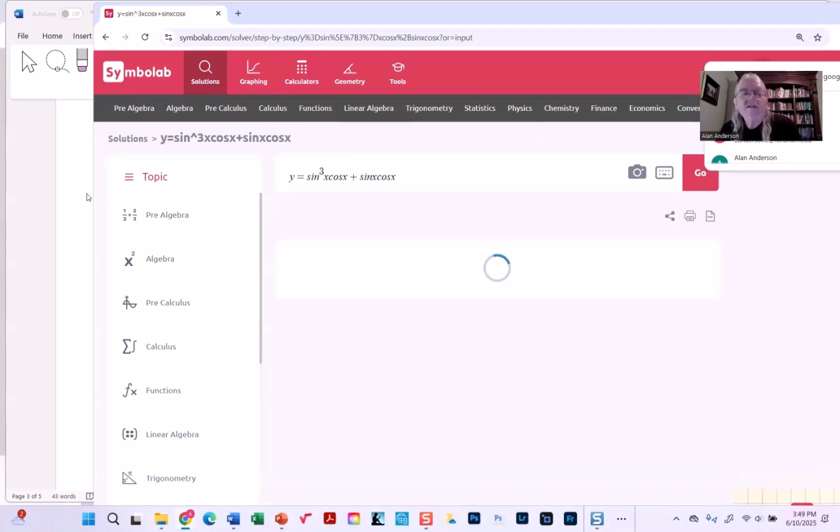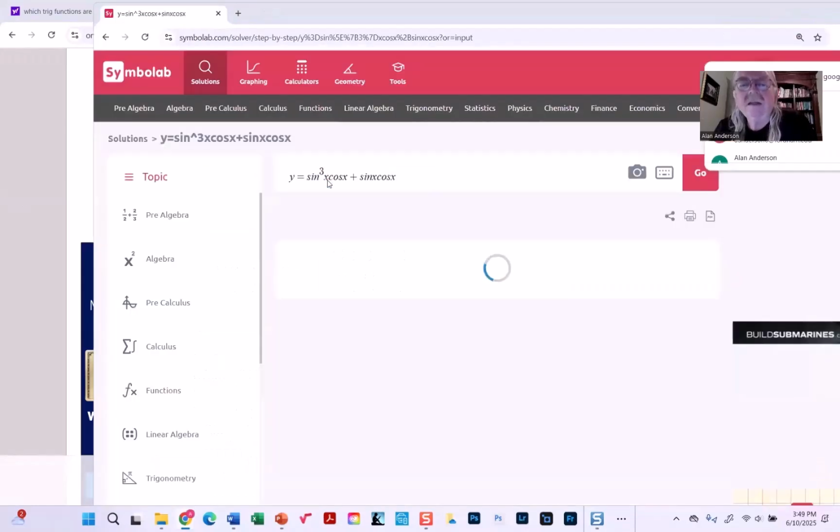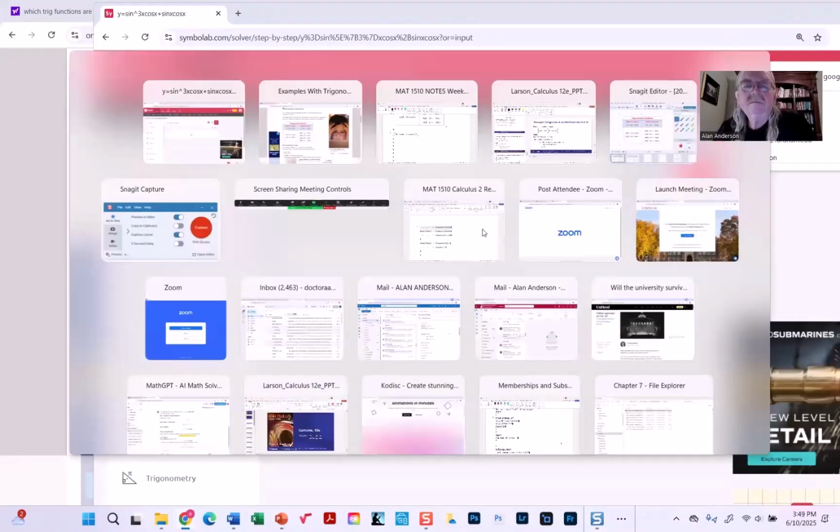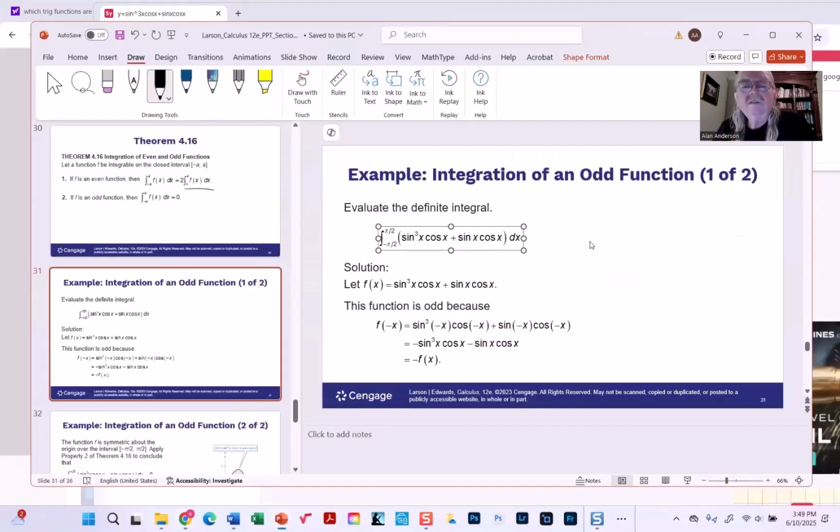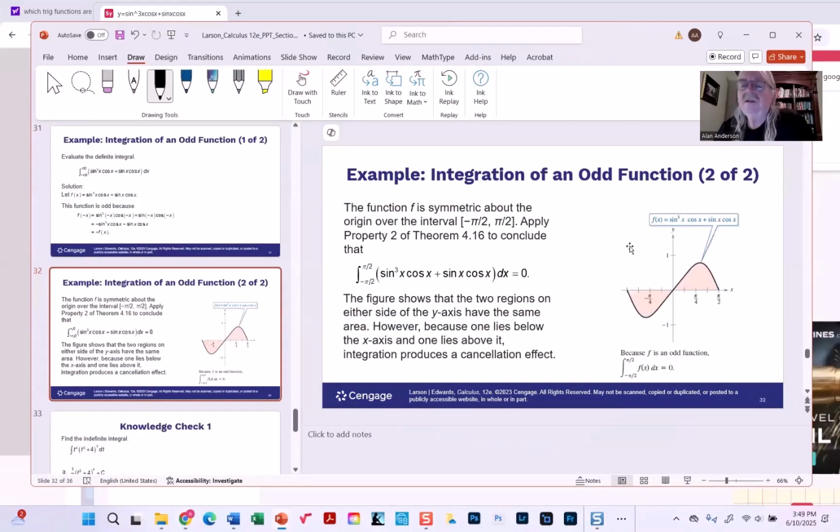All right, we don't need this. Let's just go ahead and evaluate it. So the interval is between negative and positive pi over 2. Oh, here it is. Okay.